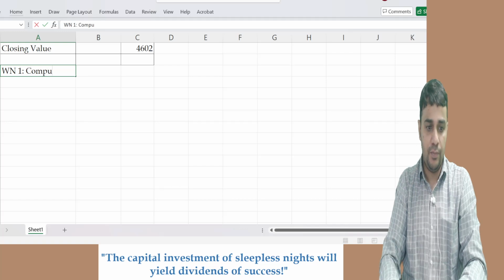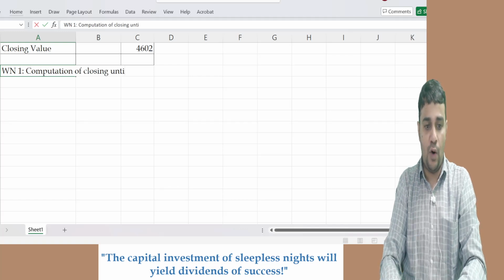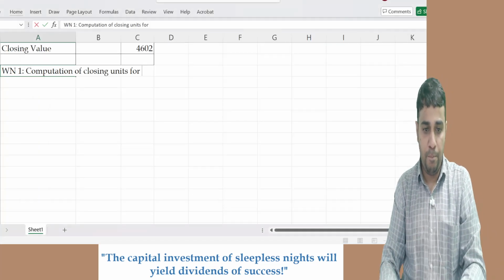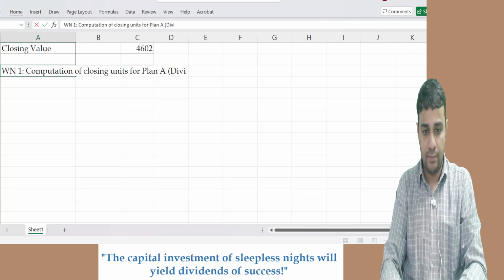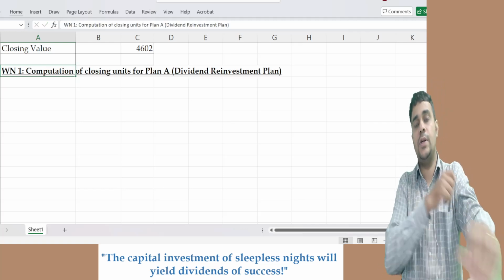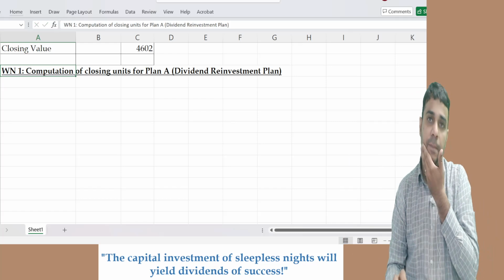Computation of closing units for plan A, dividend reinvestment plan.